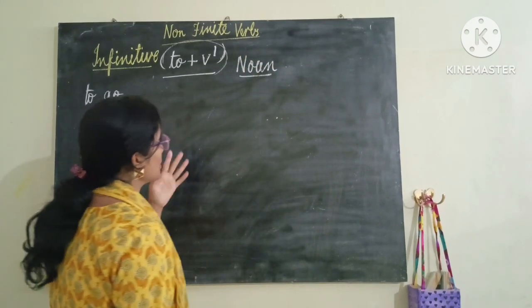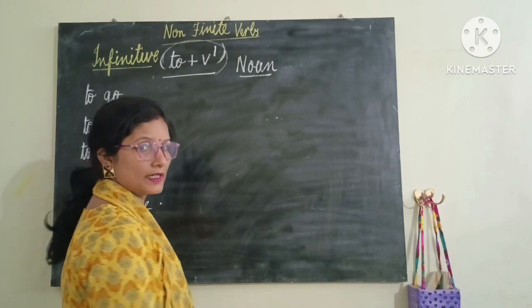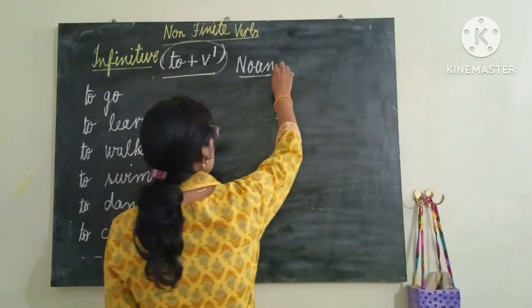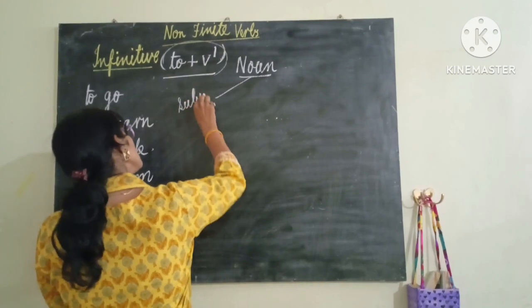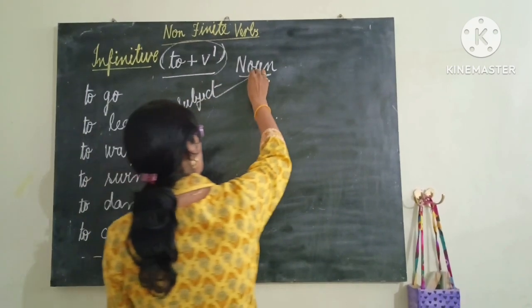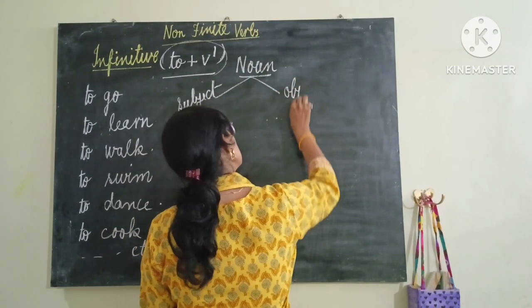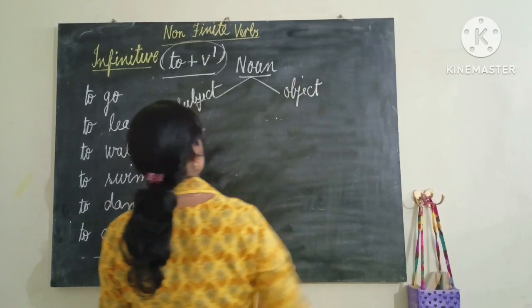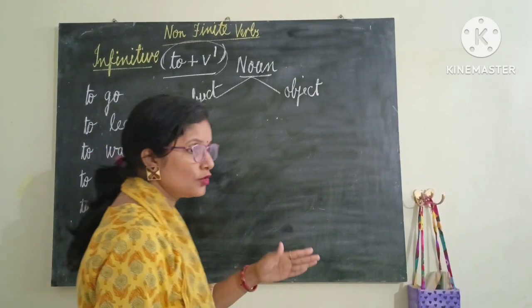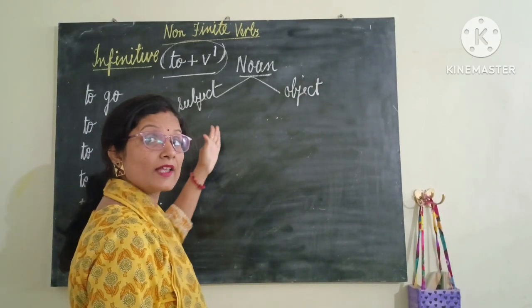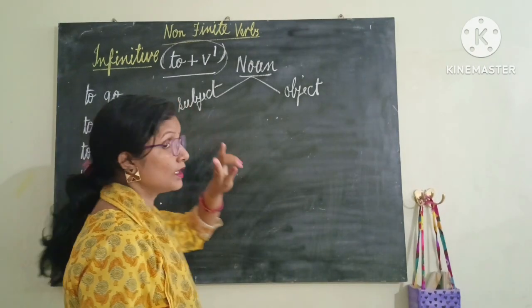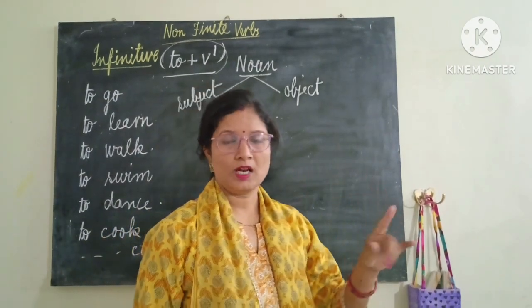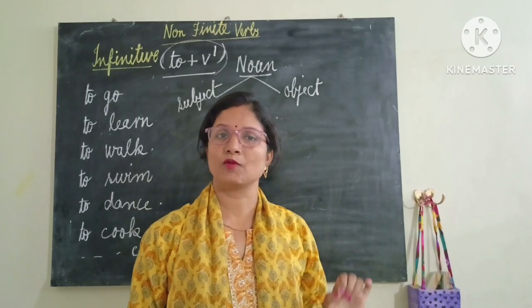And what is the function of a noun in the sentence? A noun can be the subject of a sentence or the object of a sentence. For a word to be a subject, it has to be a noun. Subjects are always nouns or pronouns.